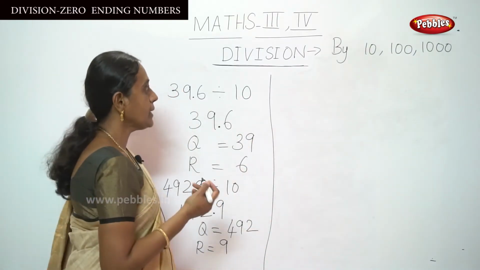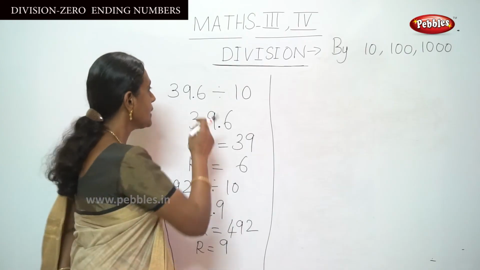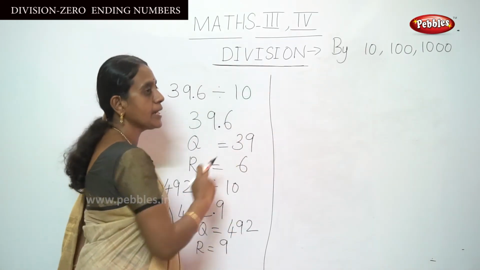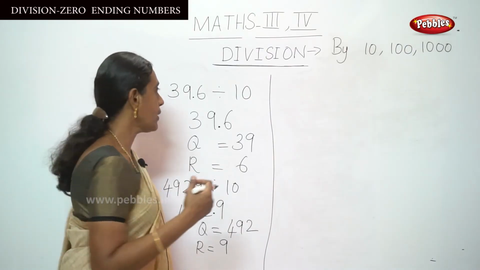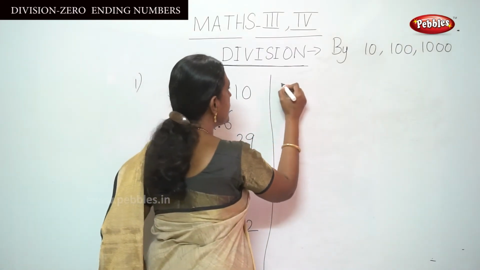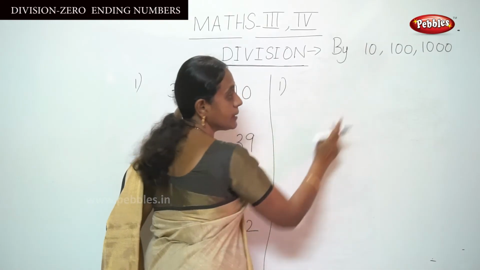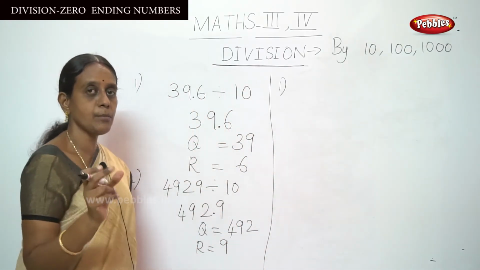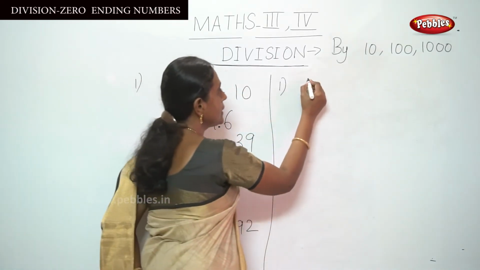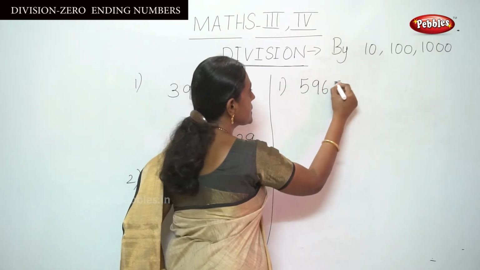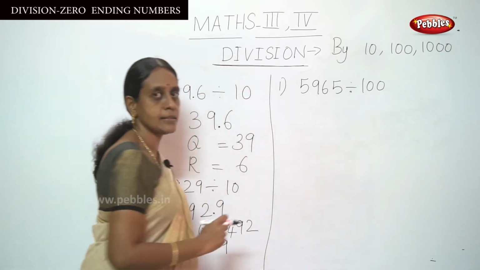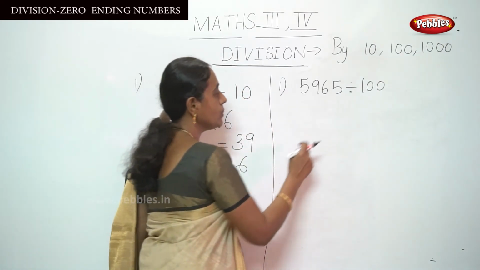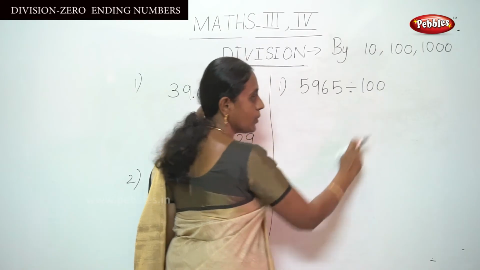Let me take the next numbers, that is a number divided by 100 and 1000. The next sum is division by 100: 5965 divided by 100. Now you should count the number of zeros here.